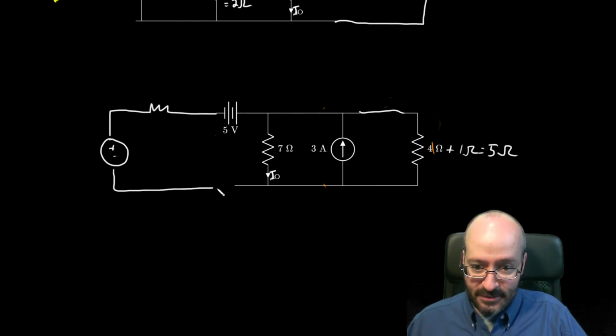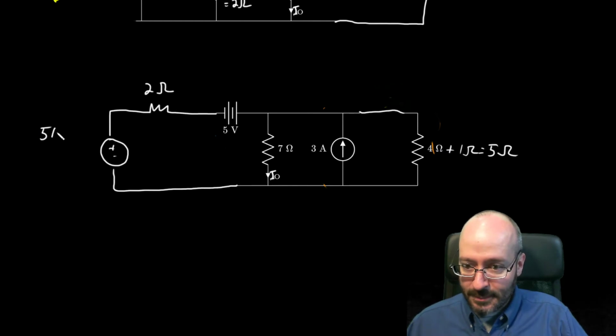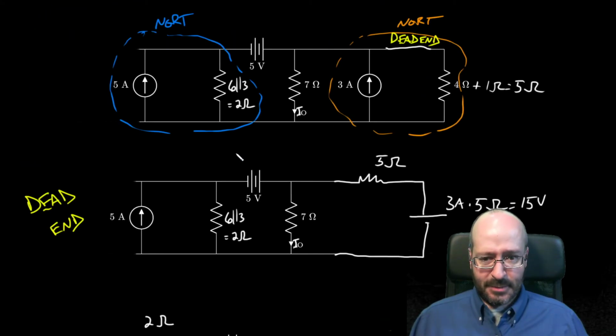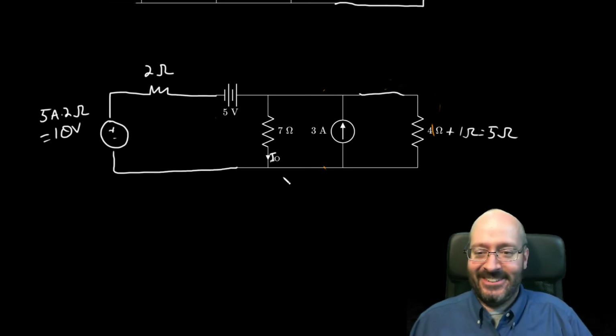I just said the values and I already forgot. You should yell them at your screen now. I think this was a 2 ohm and this was 5 amps. And the 2 ohm is going to give me a 10 volt. I got brave. 5 amp 2 ohms. Nice. Yay, short-term memory. Good stuff.